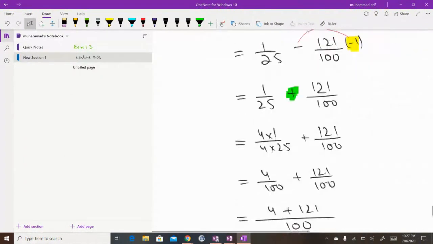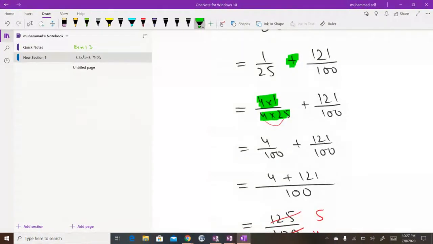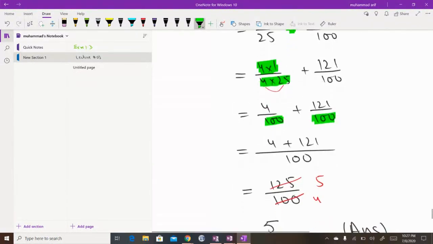Now after taking LCM, we are to change the denominator value of the first one. We multiply by 4 and divide by 4, because when we multiply 4 with 25, it becomes 100. Denominator becomes the same.